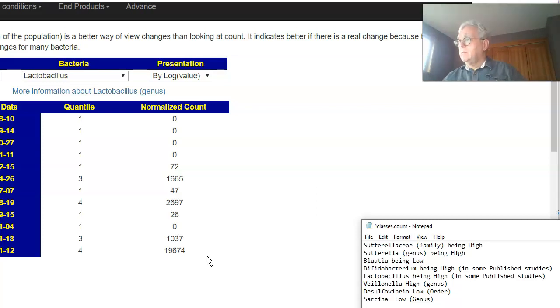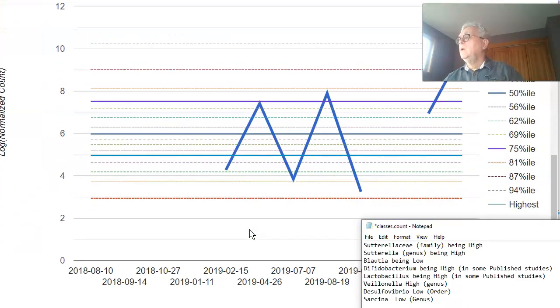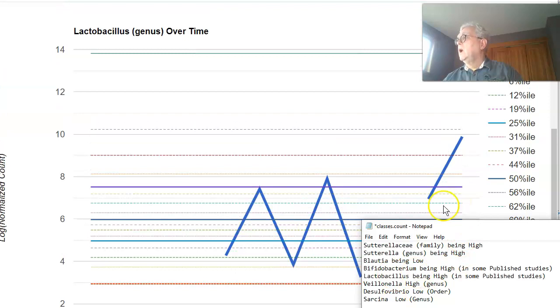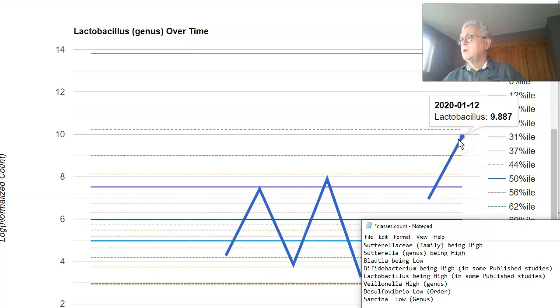So again, these two are volatile ones. Go down below, we actually have more points where Bifidobacteria had totally disappeared. In this case, it dropped down to the bottom 6 percentile or even the bottom 3 percentile for those who reported. And the rest of the time there were none, and now it's taking off considerably, and it is somewhere approaching the 90th percentile. So it's becoming a high amount.